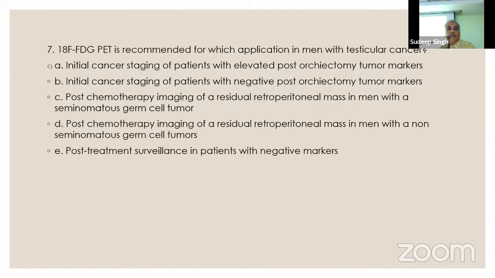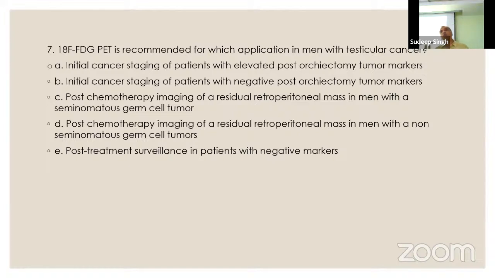18F-FDG PET is recommended for which application in men with testicular cancer? Initial cancer staging of patients with elevated post-orchiectomy tumor markers, initial cancer staging of patients with negative post-orchiectomy markers, post-chemotherapy imaging of a residual retroperitoneal mass in seminomatous germ cell tumor, in non-seminomatous germ cell tumor, or post-treatment surveillance.